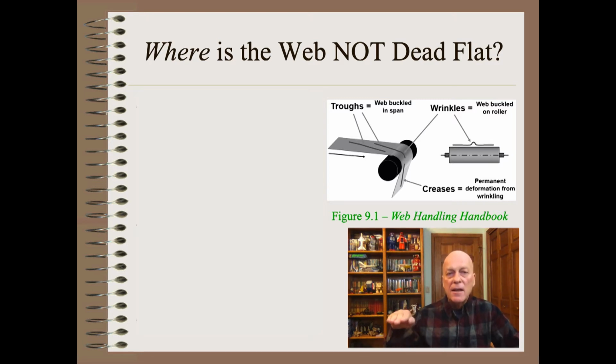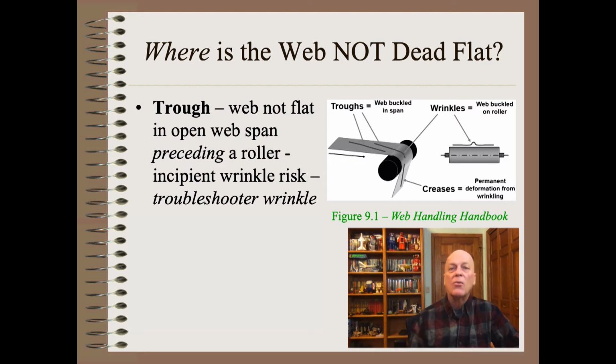At the least severe risk, the web is only not dead flat in the open web span preceding the roller, but gets flattened on the roller itself. This is where the troubleshooter often does their best work, because they can often see risk long before anyone complains.